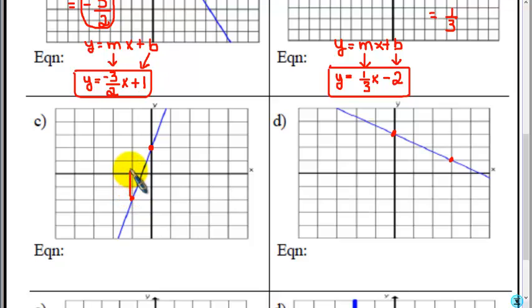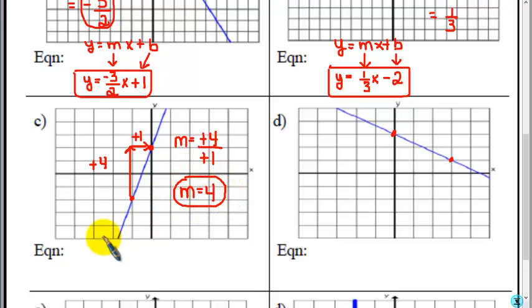To go to the top point, I'll have to go up positive 4, and over positive 1. Remember, slope is rise over run, so my rise is positive 4, and my run is positive 1. So my slope is 4.